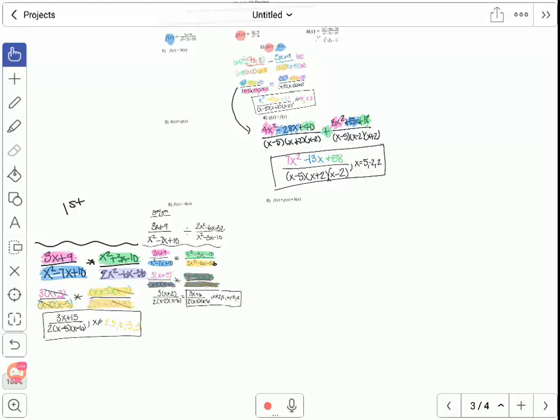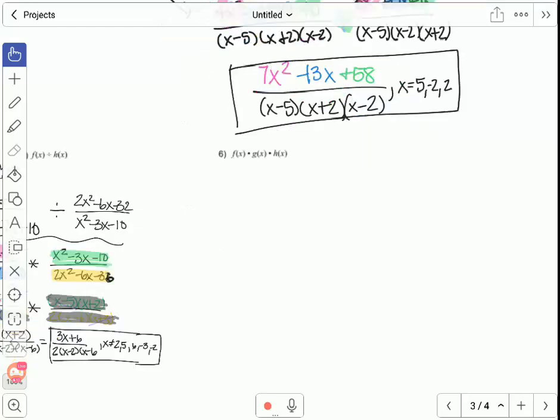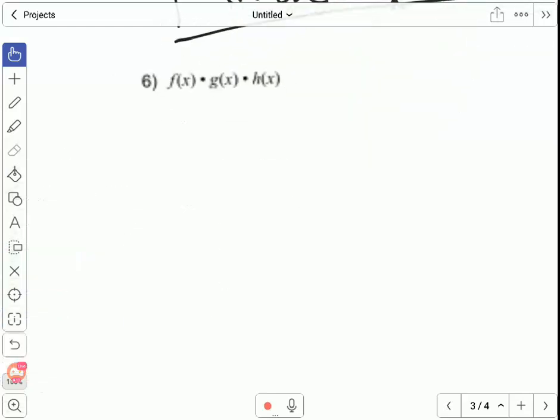Okay, problem 6. So again, I'm going to have to do this problem twice, once for first period and once for third and eighth, but it's not going to be too bad.